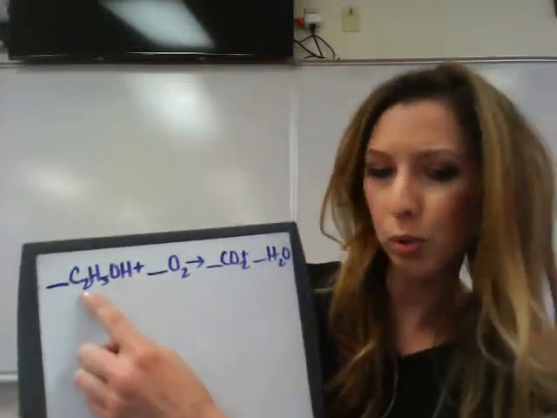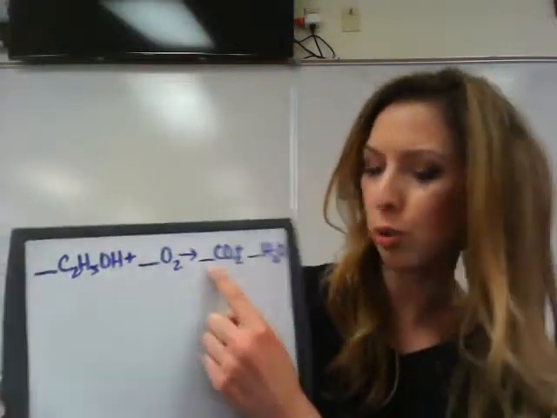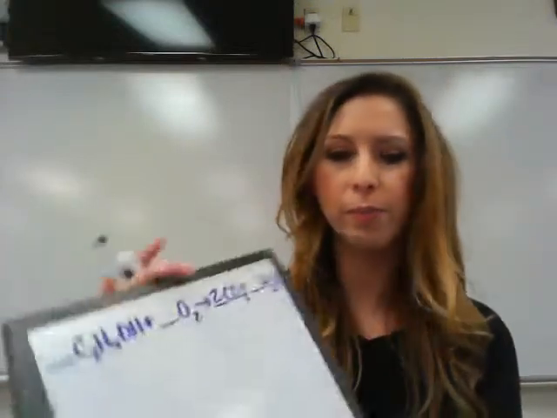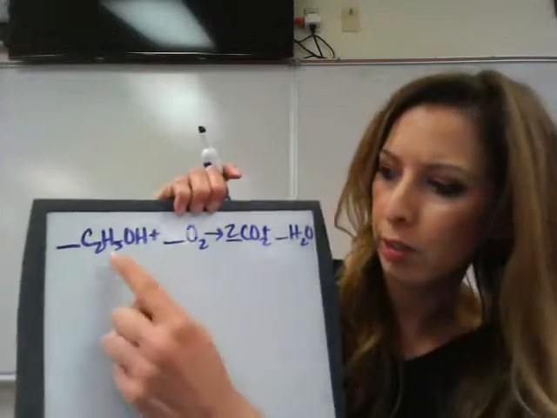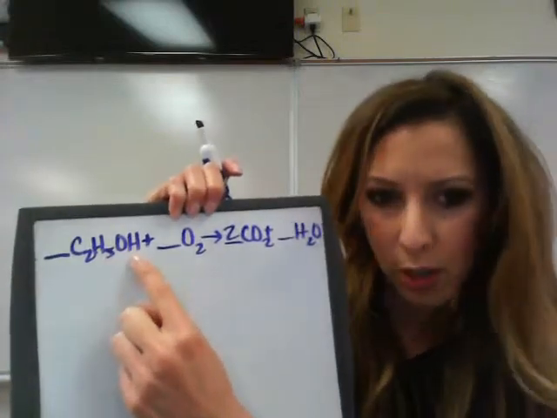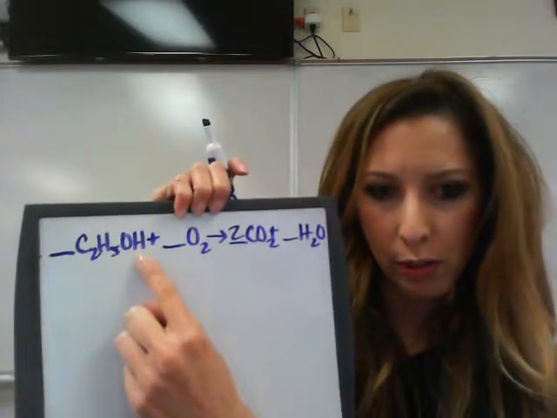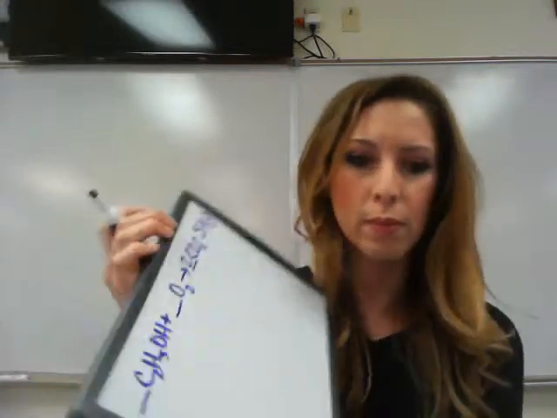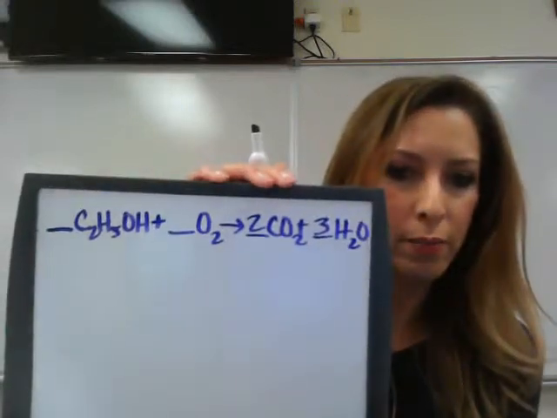So I've got 2 carbon here, so we're going to put a 2 in front of CO2 to balance the carbon. Then you'll notice, in terms of hydrogen, I have a total of 5 plus 1, which is 6 hydrogen on the left-hand side. So you should put a 3 here because 3 times 2 will give you 6. So now you have this.